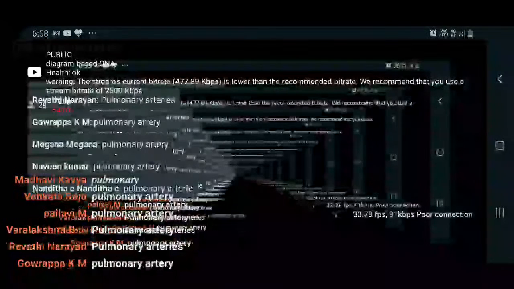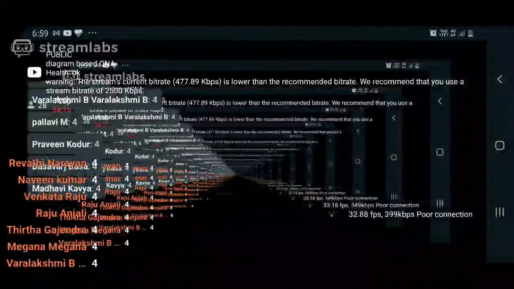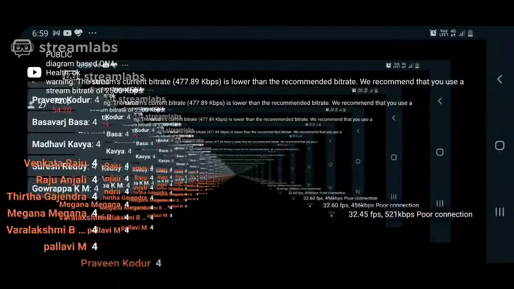Good. 4 is the right answer. Okay. On this, questions may be asked on arteries, veins, and their functions. And also the diagram is very important for your board exam. Okay, we'll move on to the next diagram.